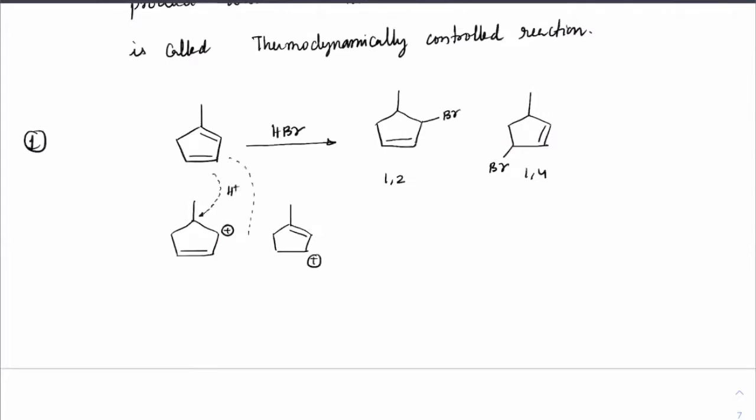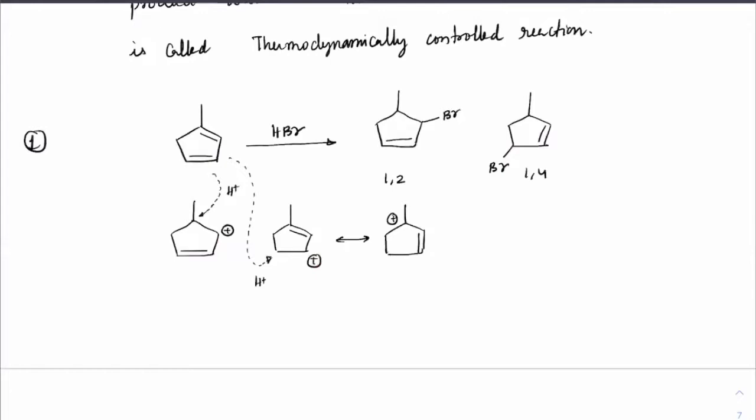If H plus would have been added on this position, we would have got this carbocation. From this carbocation, if you observe, we can have a tertiary carbocation form. Okay, students, so we can have a tertiary carbocation form.